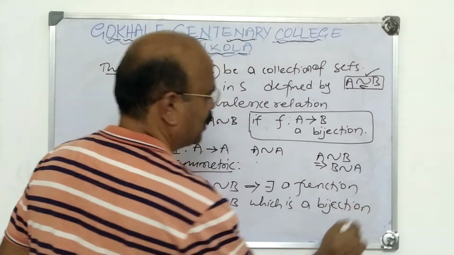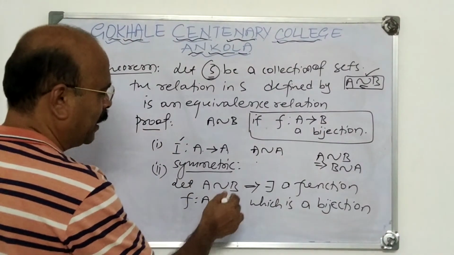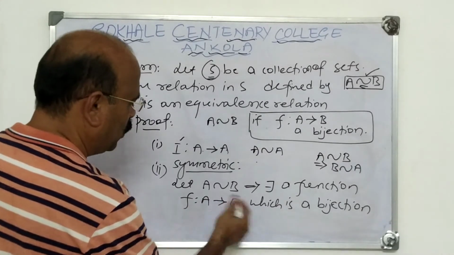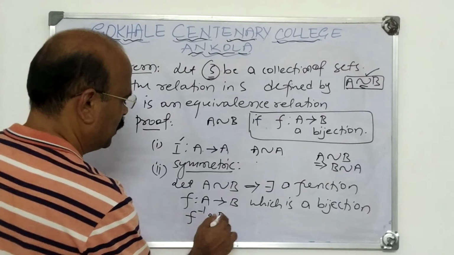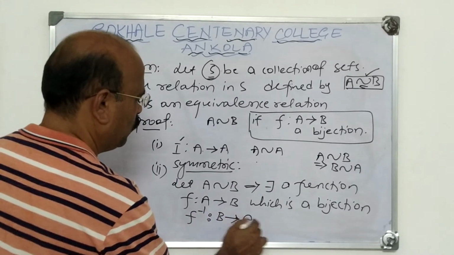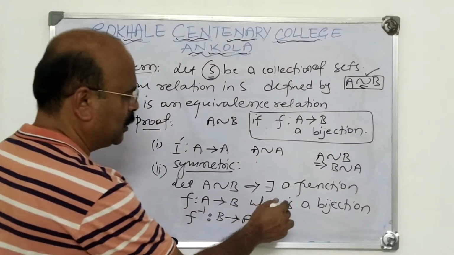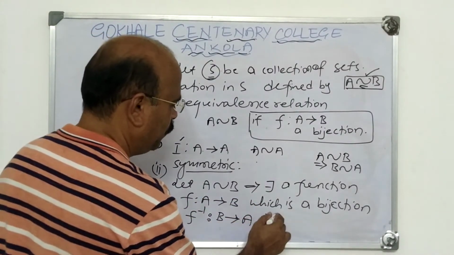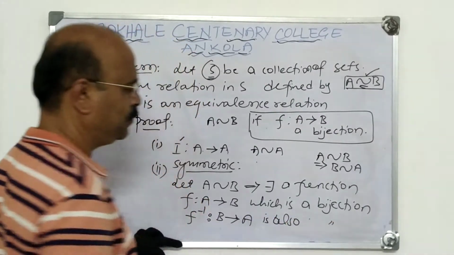What do you mean by bijection? 1-1 as well as onto. If f from A to B is a bijection, then only f inverse exists, and f inverse is a function from B to A. If f from A to B is 1-1, f inverse from B to A is also a bijection.